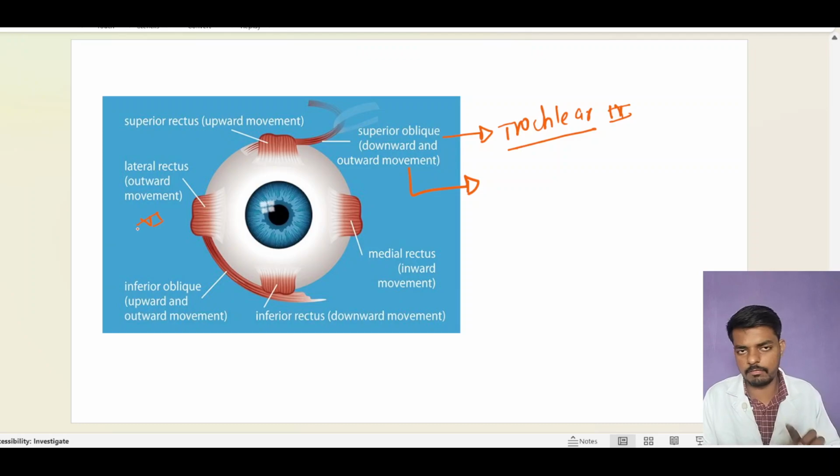The name itself says lateral, and rectus means direct. It is responsible for the lateral movement of our eyeball. That is cranial nerve number 6, and that nerve's name is the abducens nerve. Abducens.